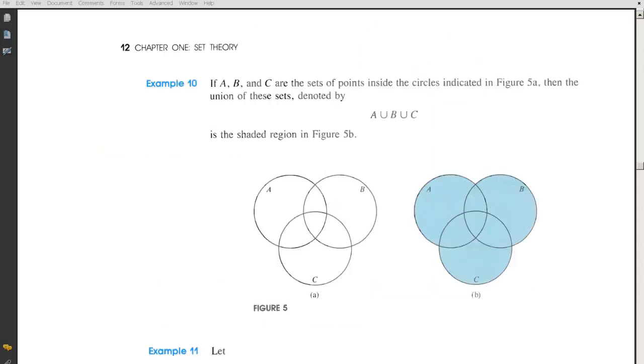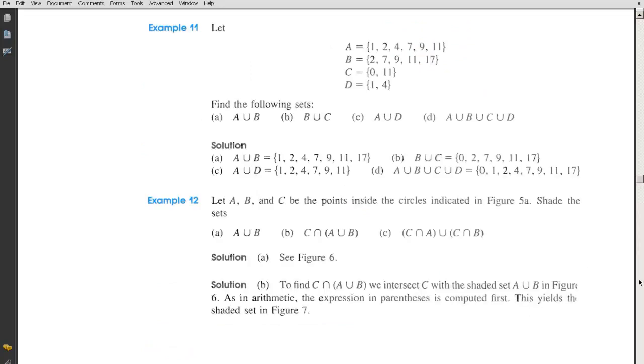So for example, the union of A, B, and C is all of these. Here's A, B, C, D. What's the union of these? So any element that's in any of these will be in the union. Okay, let's go on.